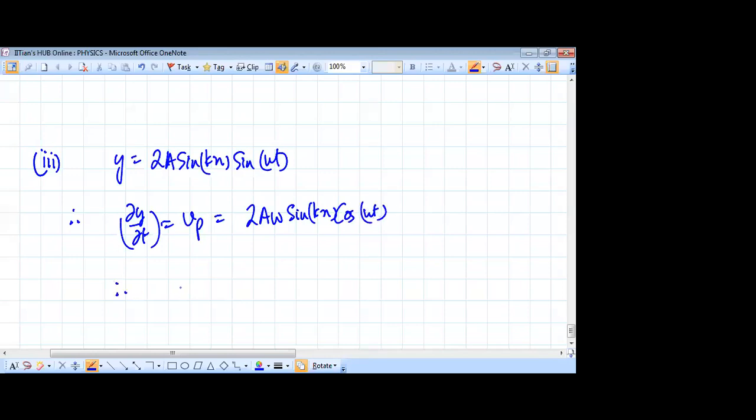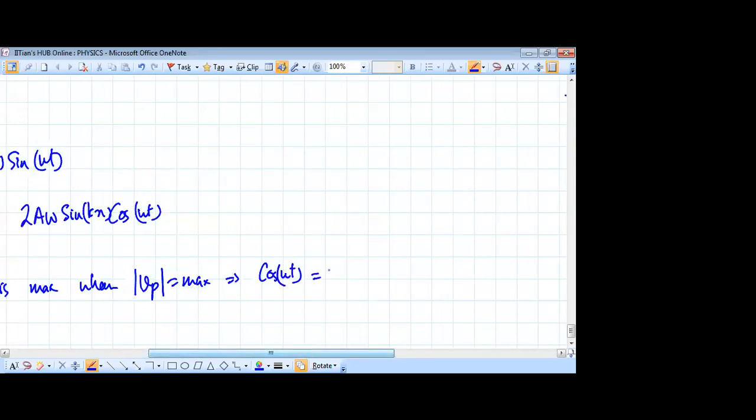Therefore, kinetic energy is maximum when the magnitude of particle velocity is maximum. So that is when cos omega t is plus or minus 1. So omega t is 0, pi, n pi.